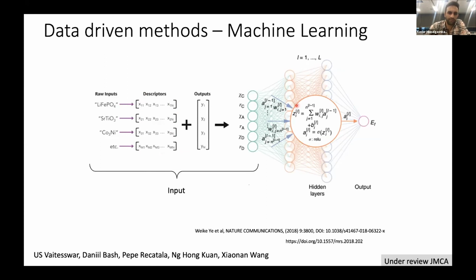But the problem of machine learning, if you frame it this way, is that you take each material and you vectorize it. So you make a mathematical representation, which is called the material descriptor. And then you want to predict certain outputs, right? And this is your whole machine learning problem. And when you want to get to a particular output, in this case, let's say the formation energy, which is a ground state property, you can take a whole series of inputs and link it to the output using a machine learning model.